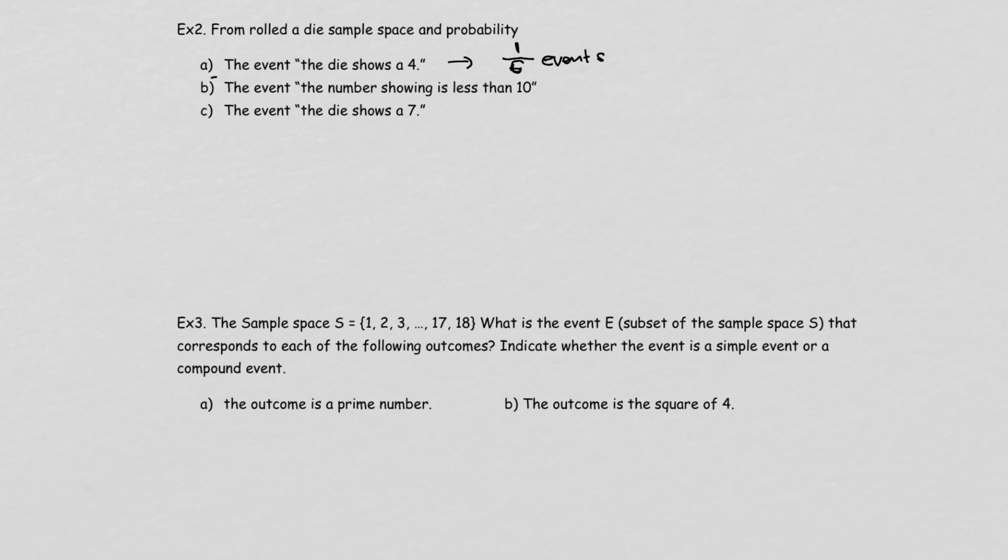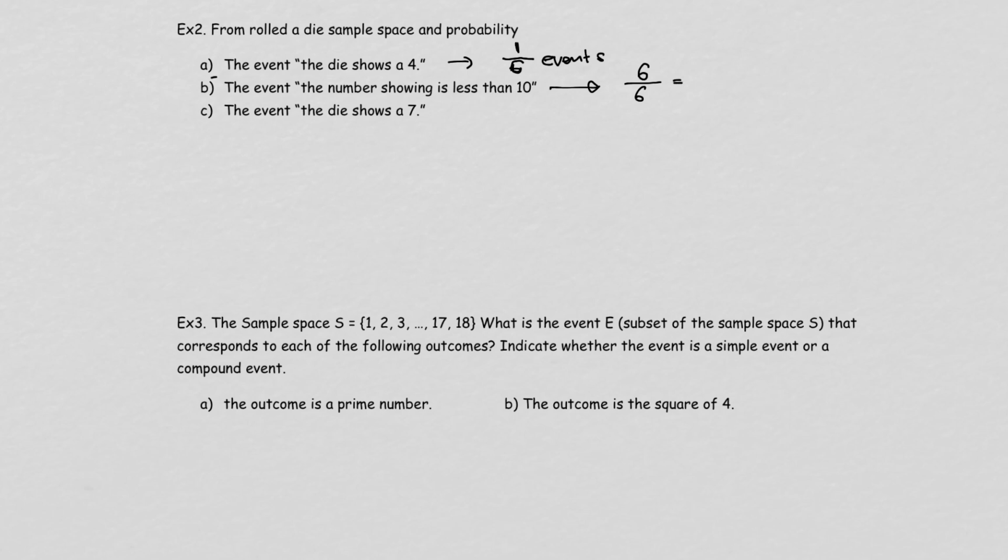The second one is asking, the number shown is less than 10. Remember the total outcomes are 1 through 6. None of the numbers is higher than 10. All of them, all 6, are less than 10. So if you wanted to write this as the probability, your total outcome again is 6 because it's 1 through 6, and all of those 6 numbers are less than 10.